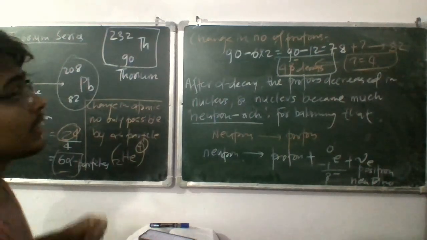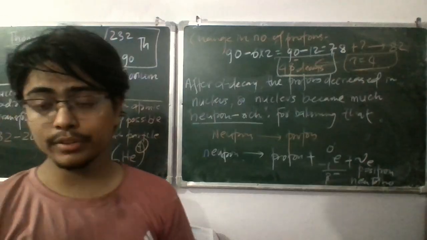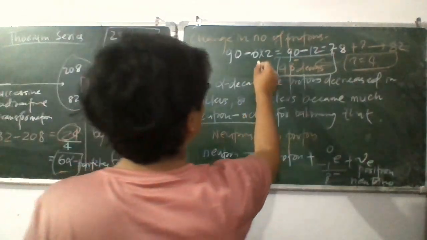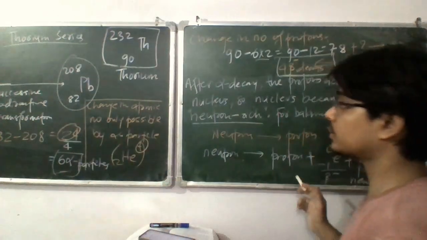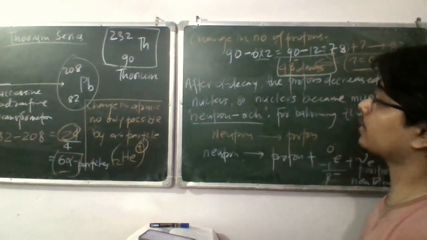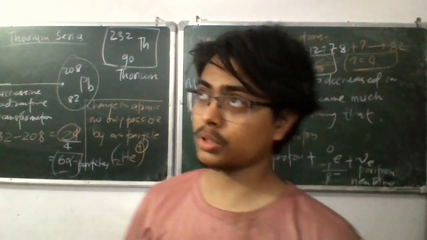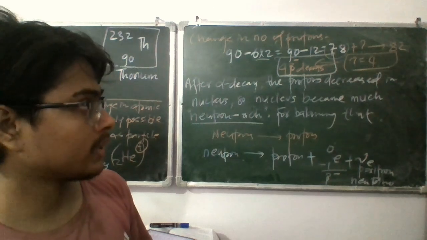It means the 6 alpha particles must have 12 protons with them, so 12 protons have to be ejected. That means we would have 78 as the atomic number, or number of protons. But we have got 82 protons in lead.